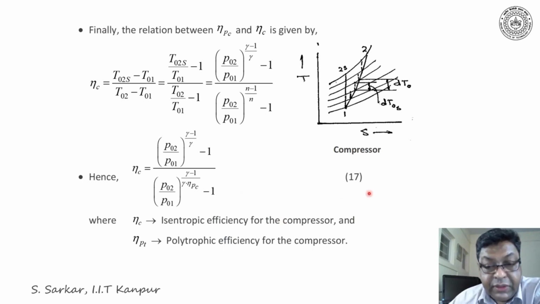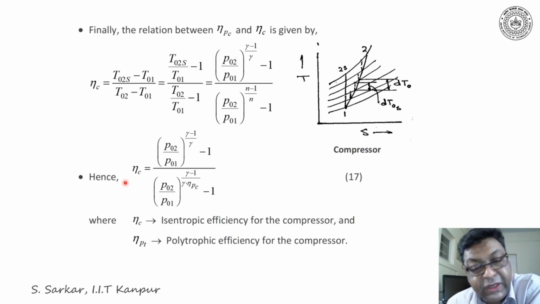Thus, 17 is an important relation which gives overall efficiency of a compressor in terms of pressure ratio and eta Pc.